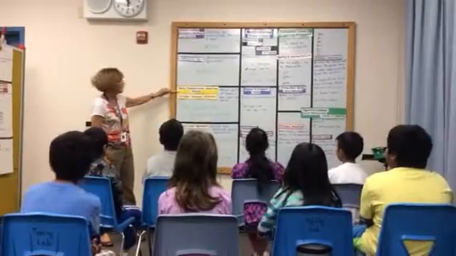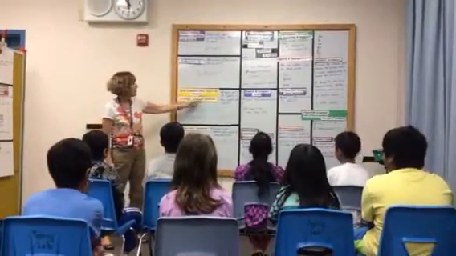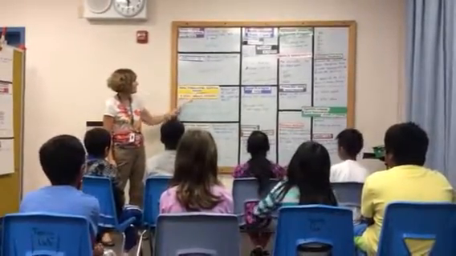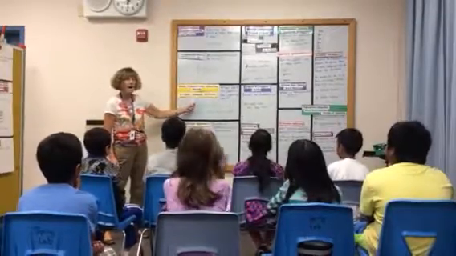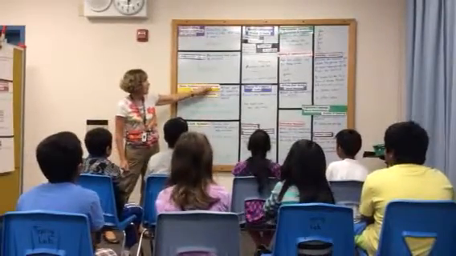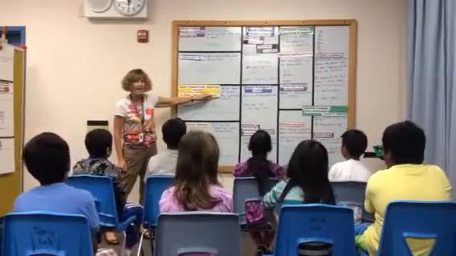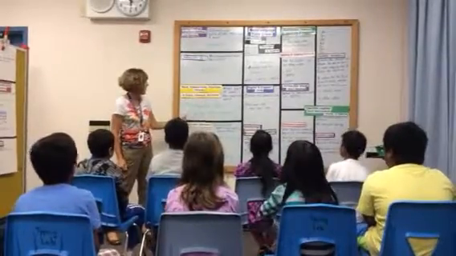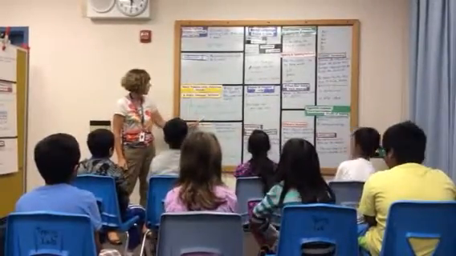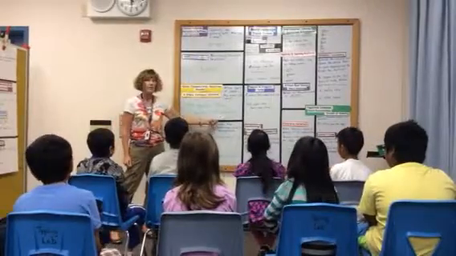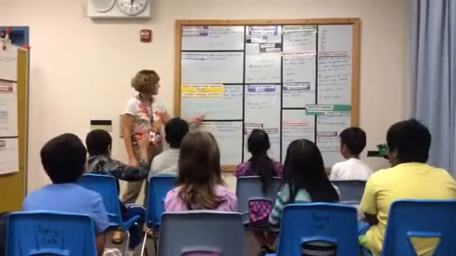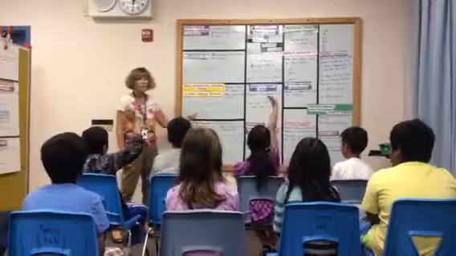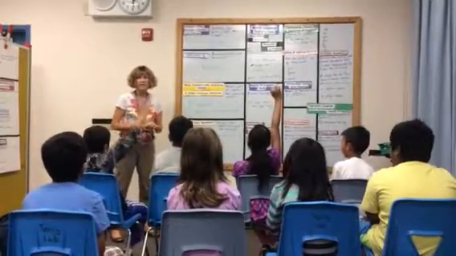Ready? Nouns, pronouns, verbs, adjectives, adverbs, and simple compound sentences. What part of speech is the underlined word? The beautiful flower quickly wilted without water. This is my underlined word, beautiful. We're asking what part of speech it is.